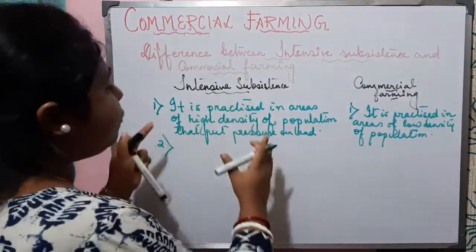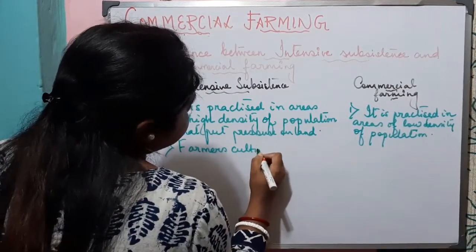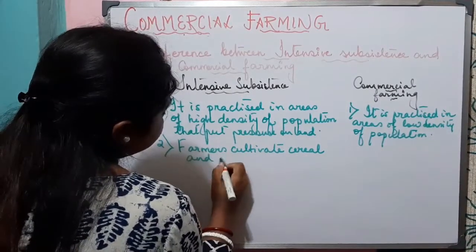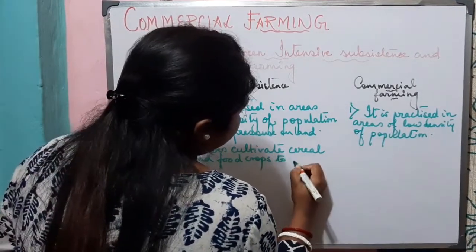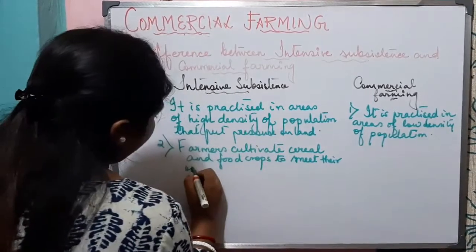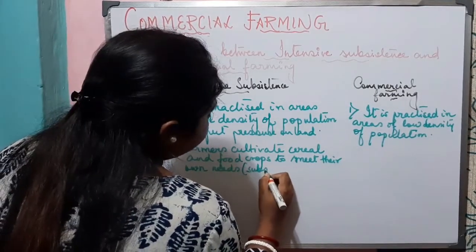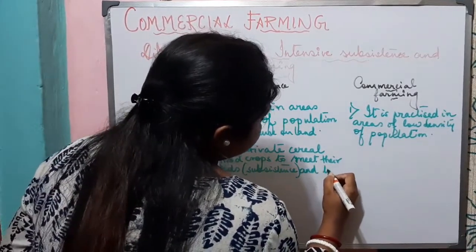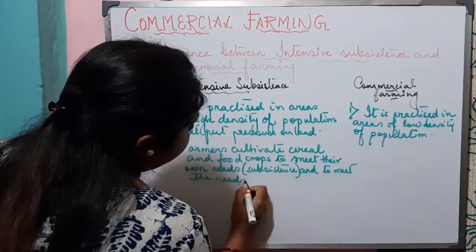Mainly in this type of farming, the farmers cultivate cereal and food crops. Why? To meet their own needs, that is for their own subsistence, and to meet the needs of the local market.